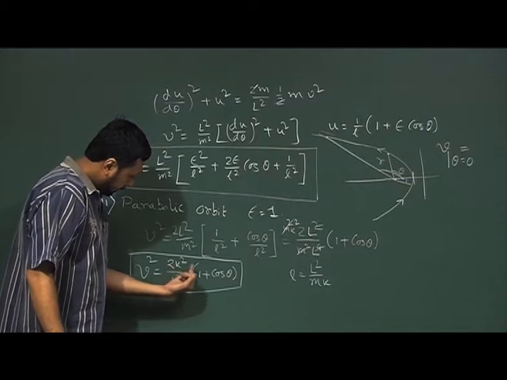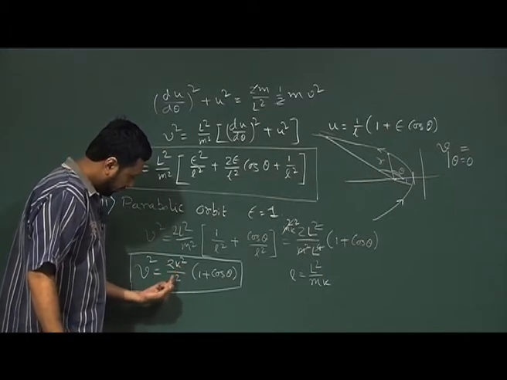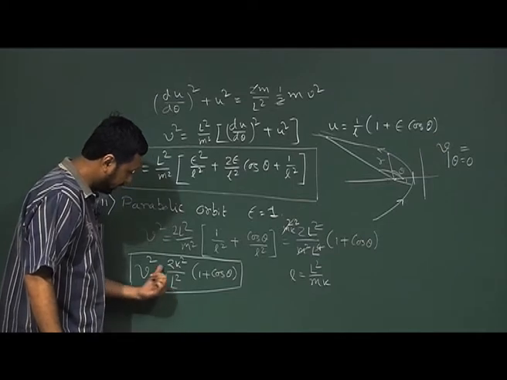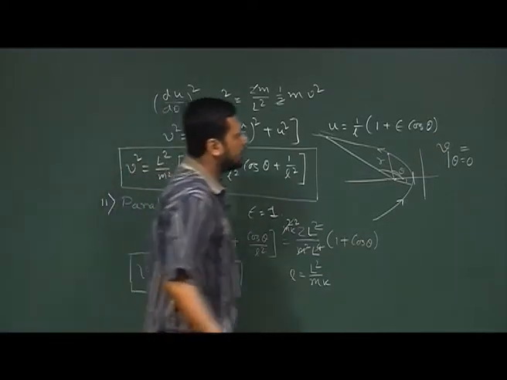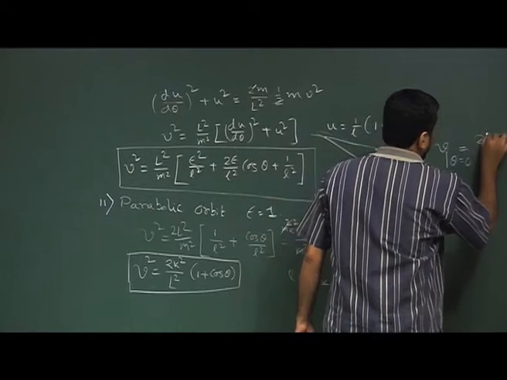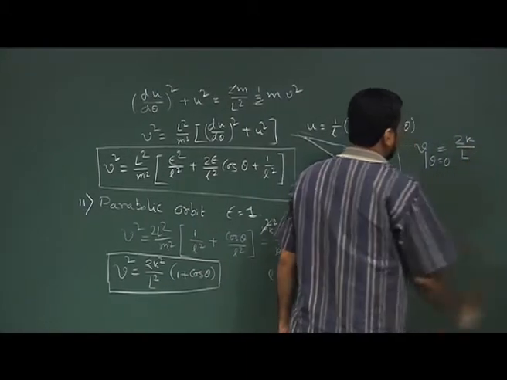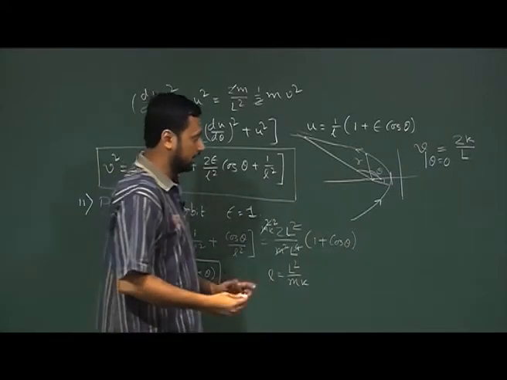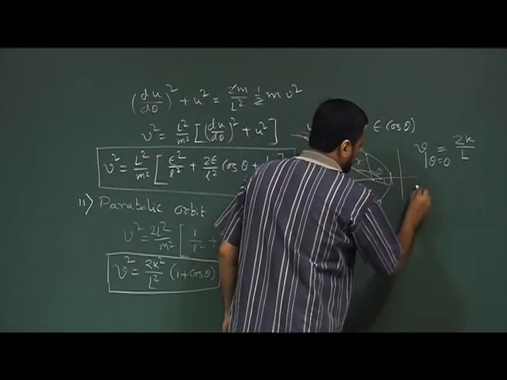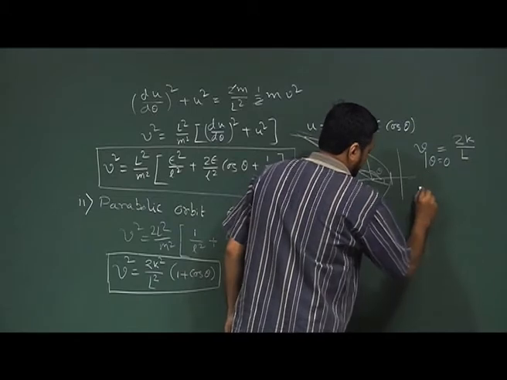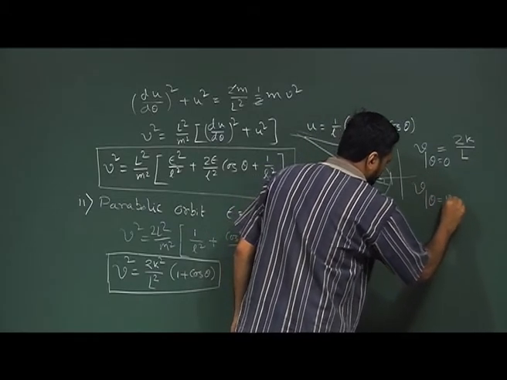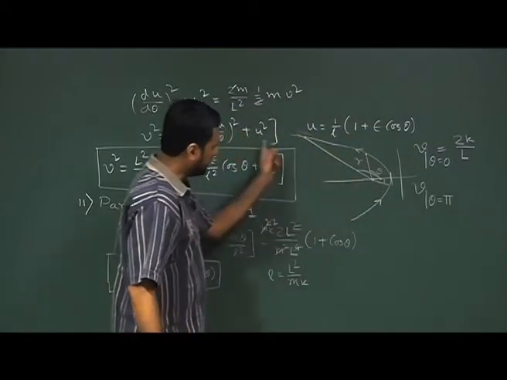v square equal to 4 k square by L square. So v will be equal to 2 k by L. Of course, I am omitting the negative sign because speed cannot be negative, velocity can be. So this is v at theta equal to 0, and v at theta equal to pi, which is a point at infinity.